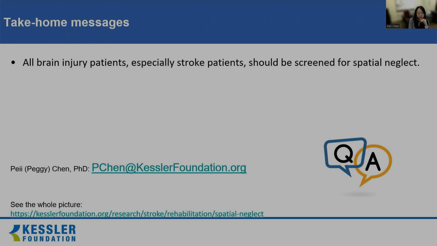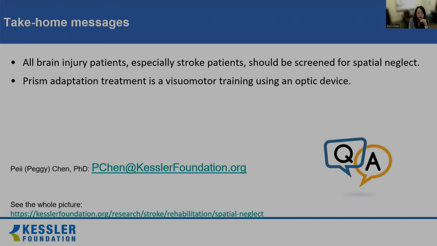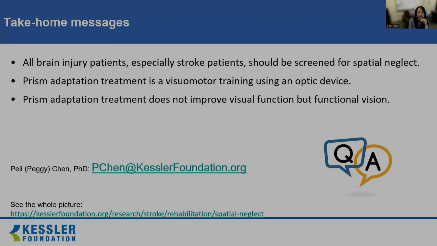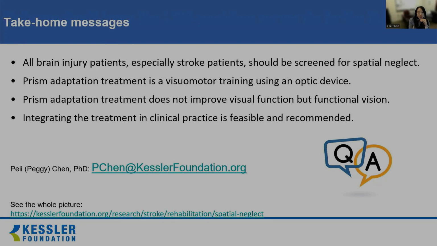Once you identify and diagnose spatial neglect, then you can provide treatment. Prism adaptation treatment is a visual motor training using an optic device. It does not improve visual function. It does not improve oculomotor function. It actually improves functional vision, which is spatial neglect. Integrating the treatment in clinical practice is feasible and recommended.